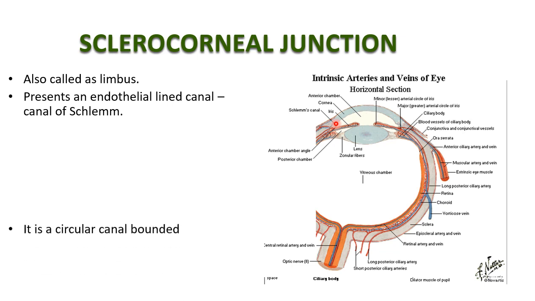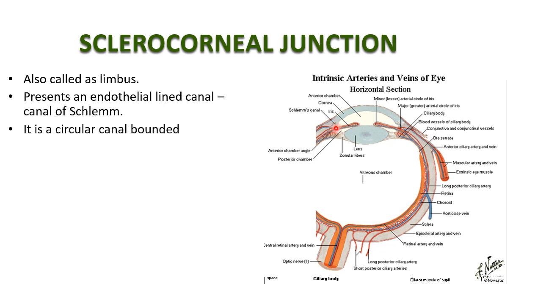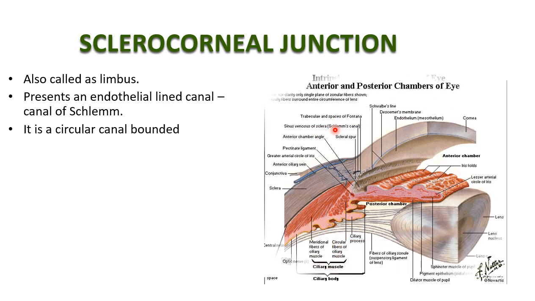So the boundaries of the canal: the outer wall is marked by the sulcus in the sclera, the scleral sulcus. So this is called the canal of Schlemm, and the inner wall anteriorly is mainly formed by the trabecular tissue, which I told you is an extension from the Descemet's membrane, and the posterior part is mainly formed by the scleral spur.